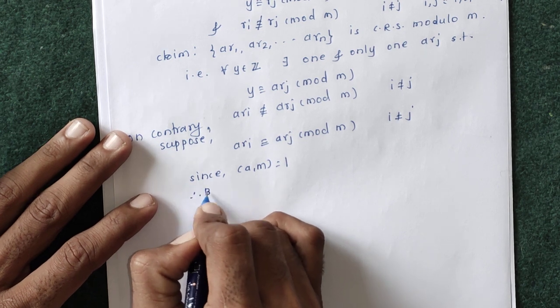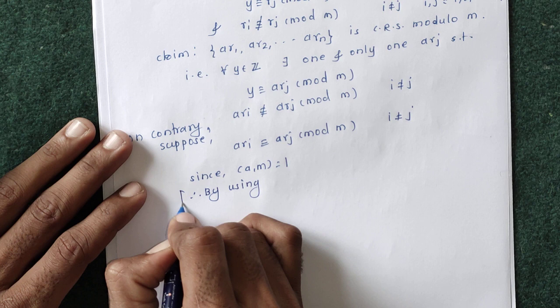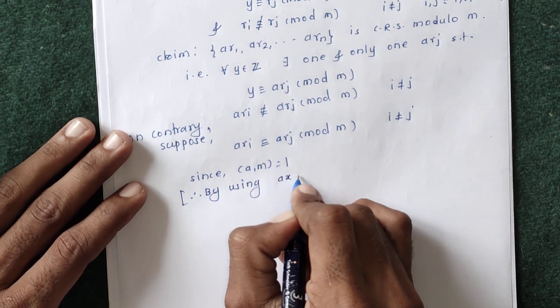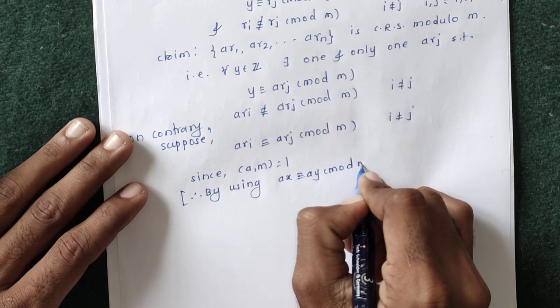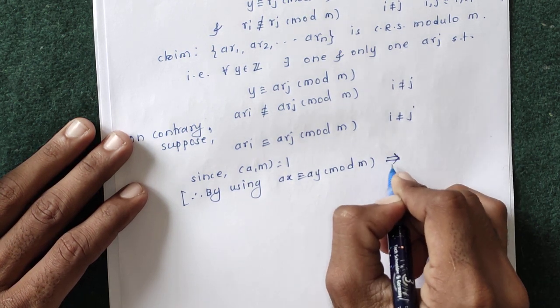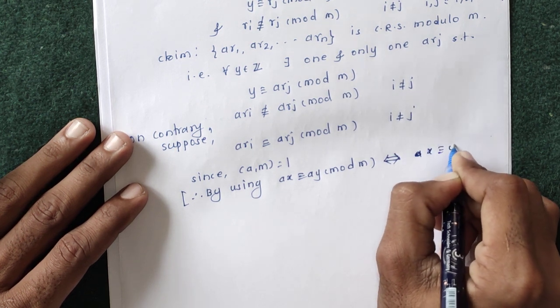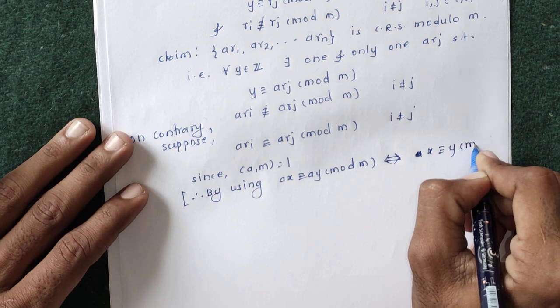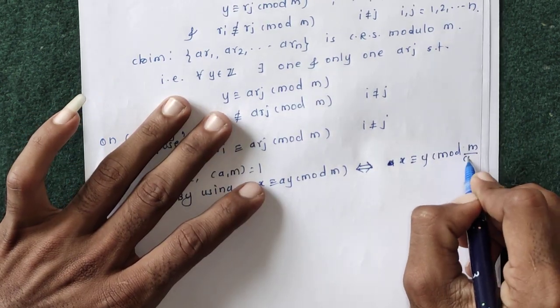Therefore, by using that result, Ax is congruent to Ay modulo m if and only if x is congruent to y modulo m upon GCD of A and m.